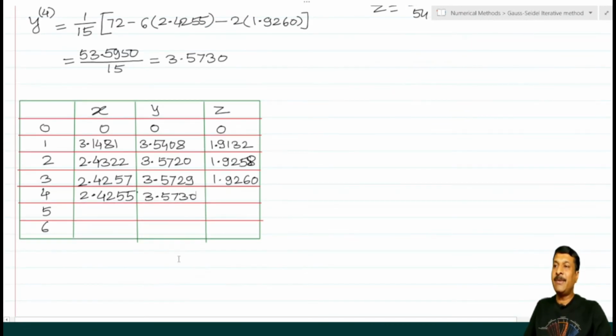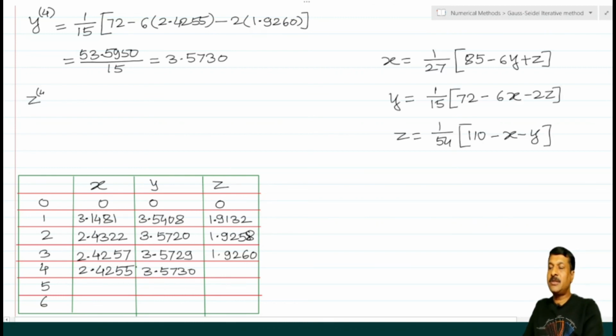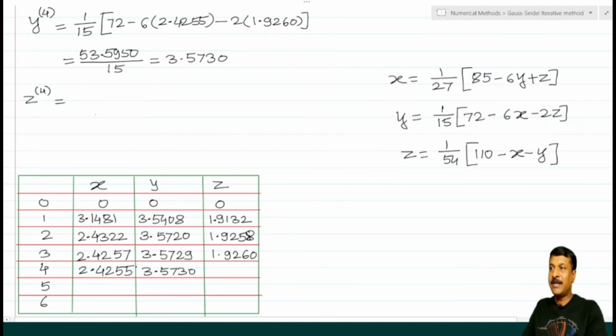Now the z value. Actually this table is at initial position, but I am taking it here so I can see easily. Now z at fourth position, by this equation I am getting 1 by 54 in bracket 110 minus recent value of x, 2.4255, minus recent value of y, 3.5730.